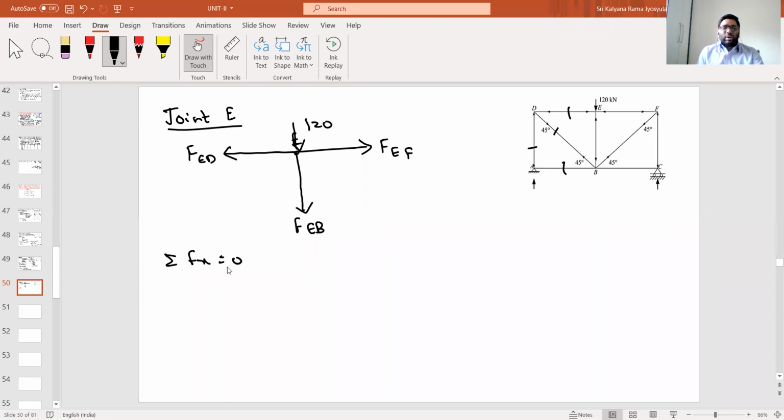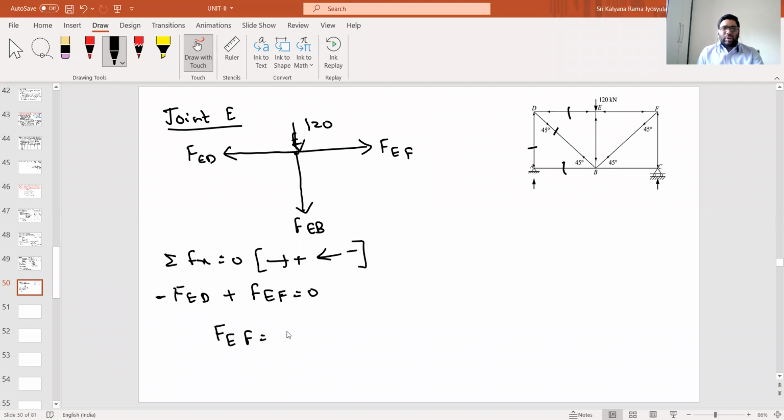Sigma Fx is equal to 0. FED is positive, FEF is negative. So minus FED plus FEF is equal to 0.